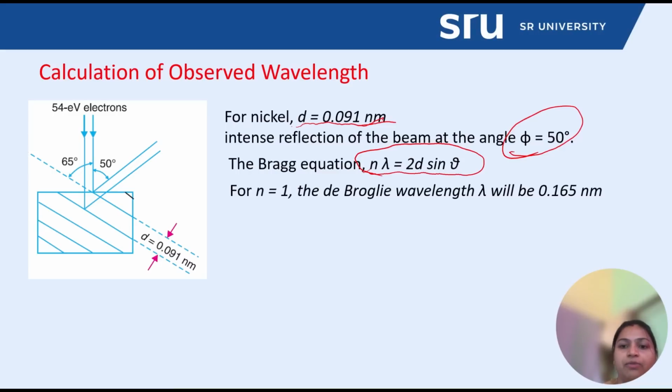If n is 1, then using this formula the de Broglie wavelength lambda is equal to 0.165 nanometer.